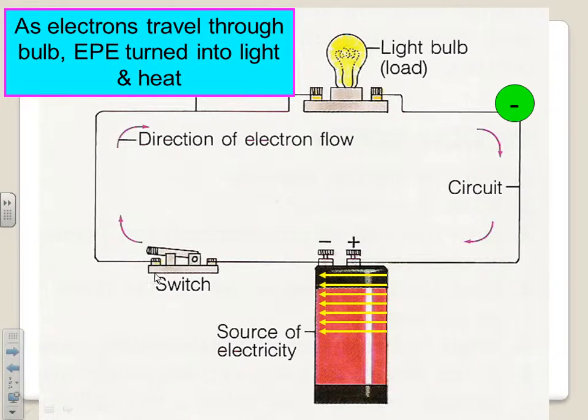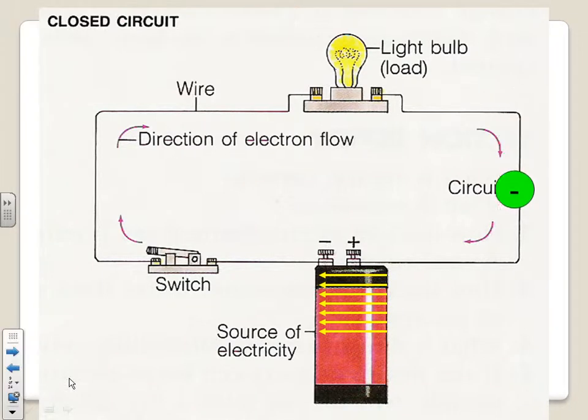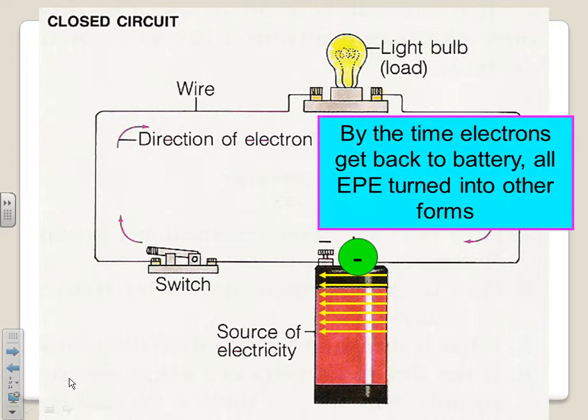The whole time that these electrons are flowing through the circuit, they are moving away from the negative terminal of the battery and closer to the positive terminal of the battery. This is causing their electric potential energy to decrease, and finally it ends up right back here, right?